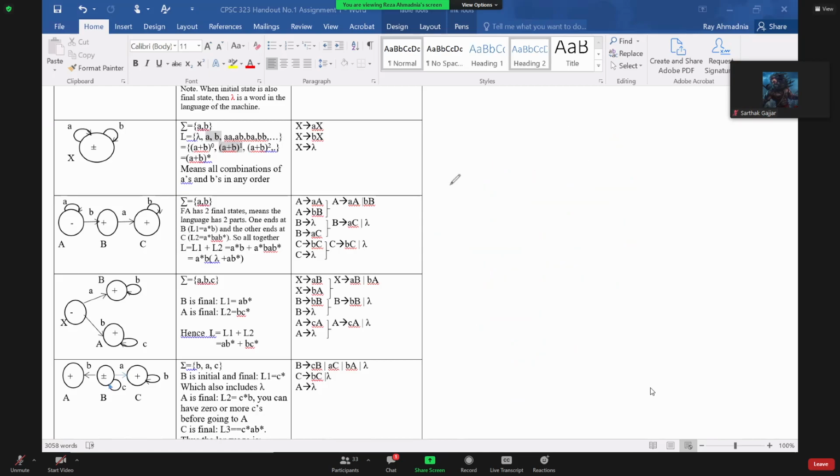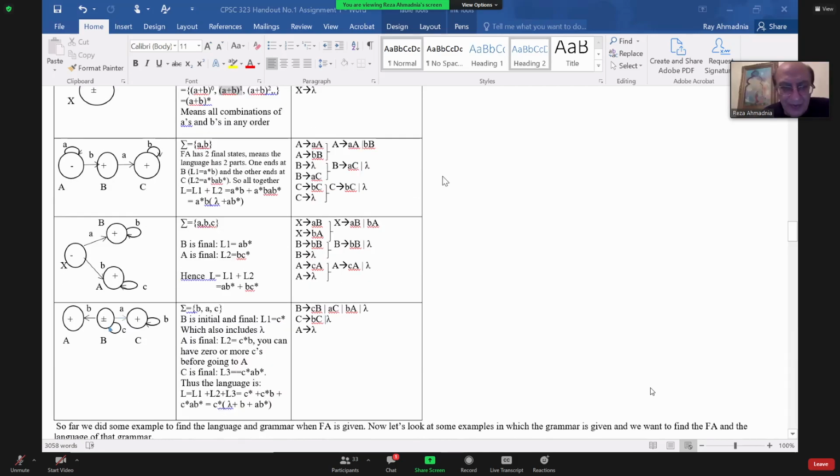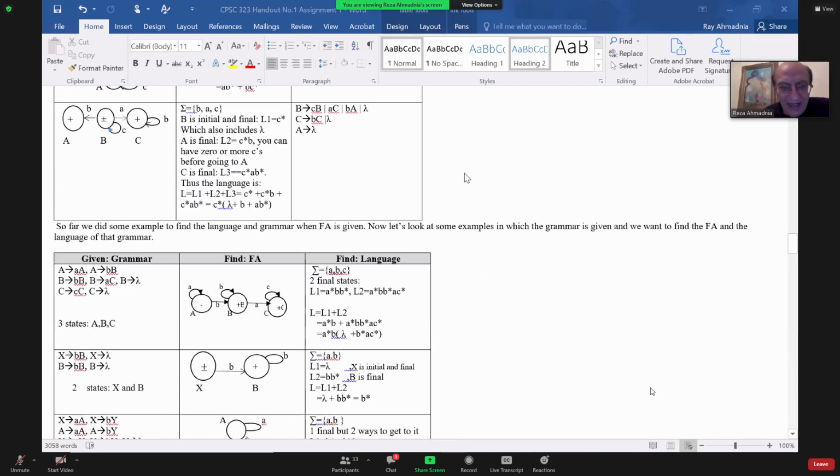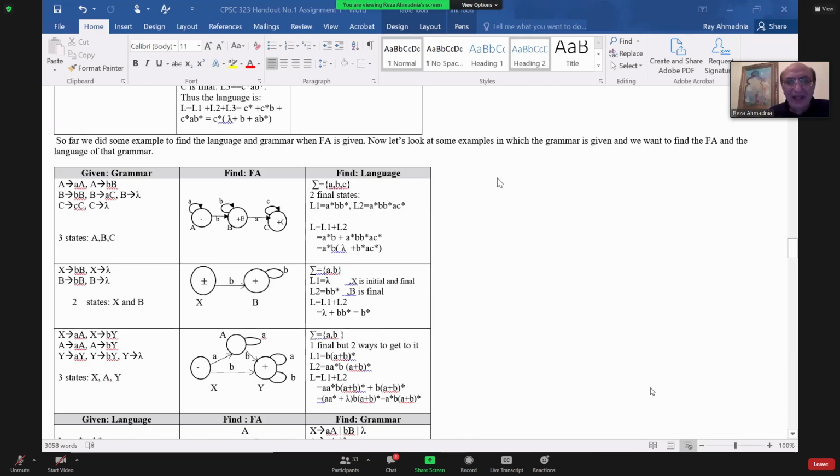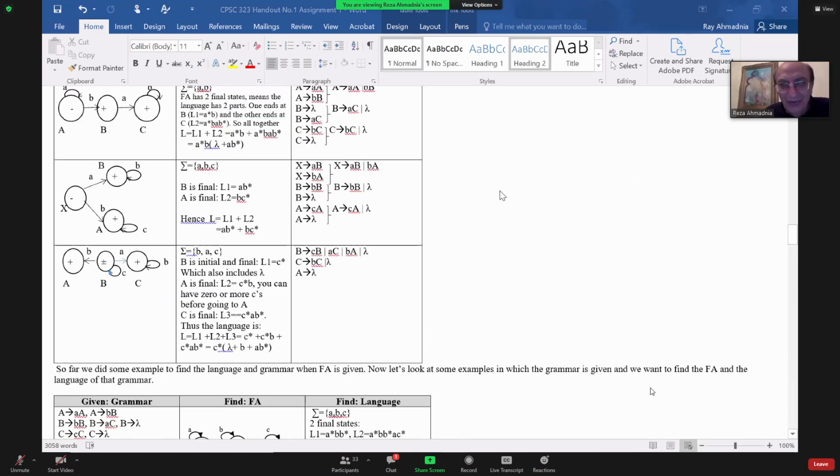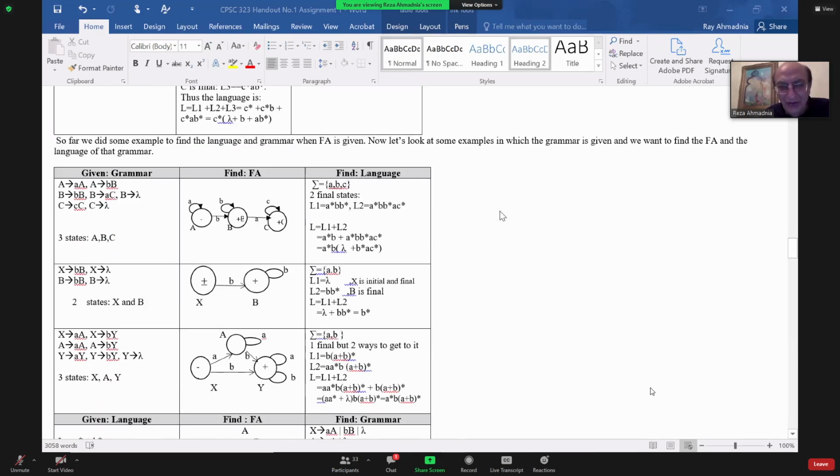Okay. So now, you should be able to answer a question like this one here. I give you a table. If you have one, you should be able to find the other two. So the FA is given. I want to find this, and I want to find this one here.